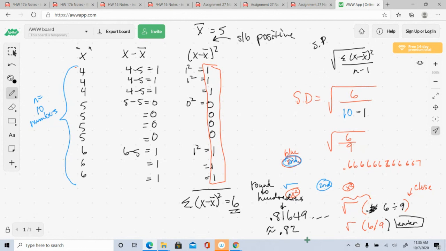Okay, so that's standard deviation. I think the tricky part is looking at all the little parts of it. But remember, you're just doing that one formula, just in pieces. You're trying to find the sum of whatever your x values are minus the mean. So just do it in parts like that.